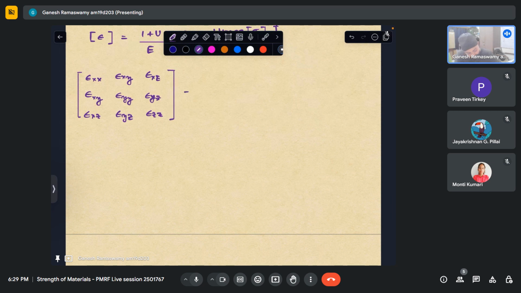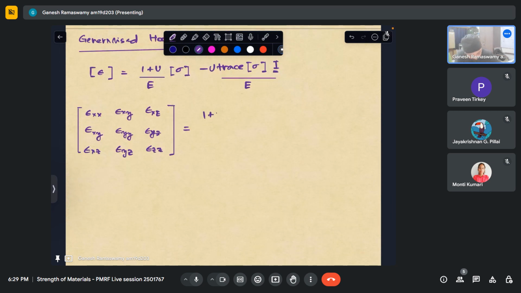This is equal to 1 plus mu by E into tau yz, sigma yy, sigma zz, and this will be, sorry, this will be xz, and this will be yz.